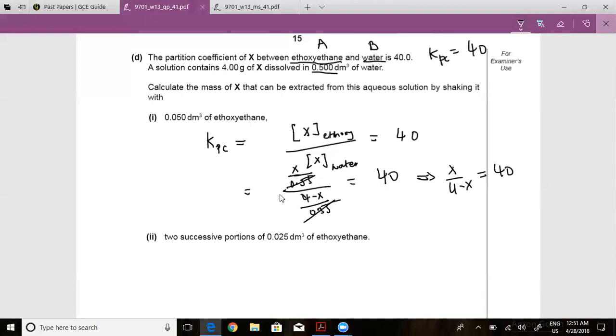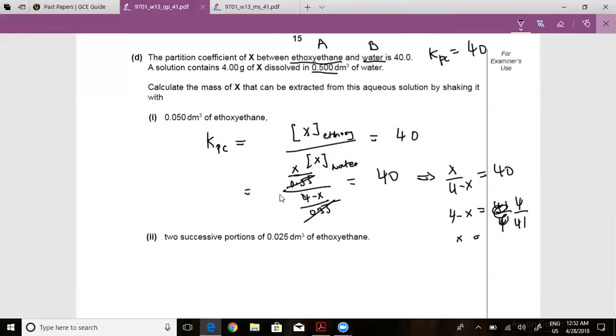41. You get 4 minus x is 41 over 4. Yeah, तुम क्या mentally कर रहे हो? 4 over 41. Yeah.